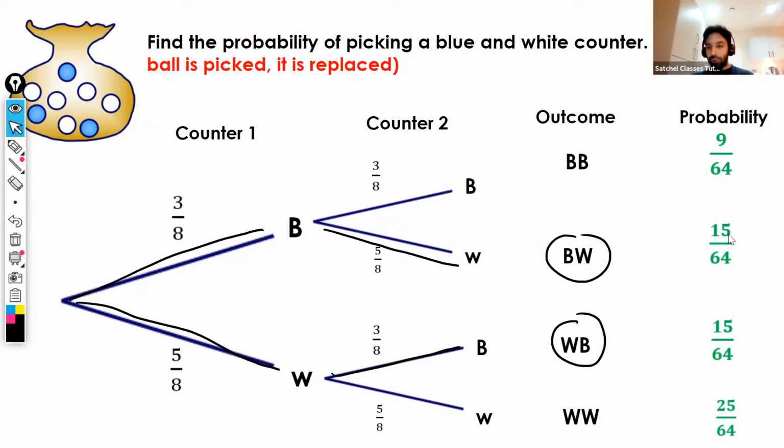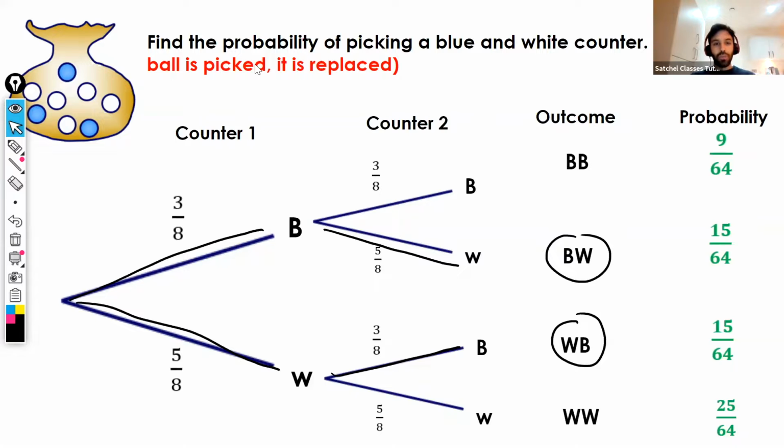And if we add all of these probabilities together, they should add up to 1. So 9 plus 15 is 24, plus 15 again is going to be 39, and 39 plus 25 is going to be 64. So all of the probabilities will add up to 1 in this case.